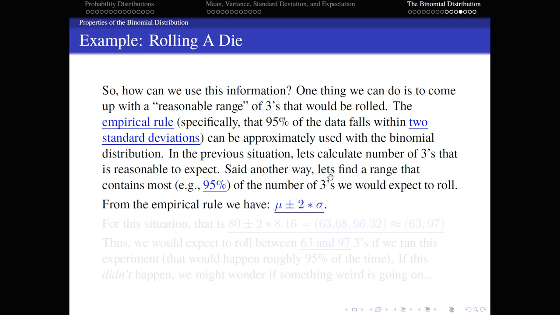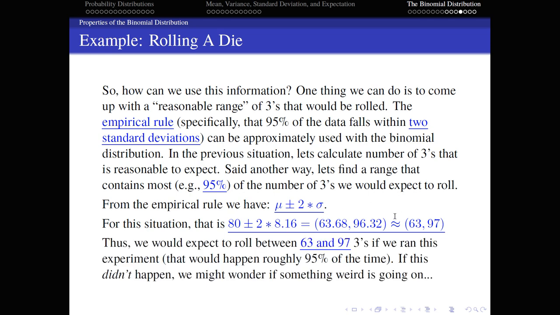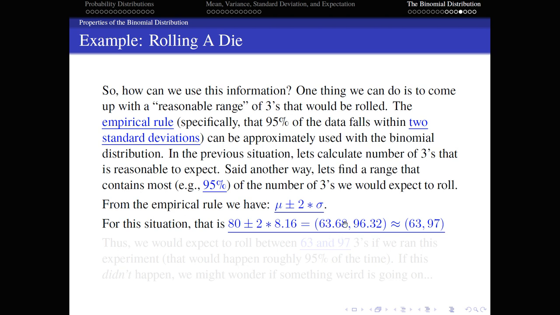In this situation, we can plug in our mu and sigma. We get 80 plus 2 times 8.16 and 80 minus 2 times 8.16. And we find our range to be between about 63 and about 97. I'm rounding down and rounding up to make it a little bit wider. Again, this is 95% from our empirical rule.